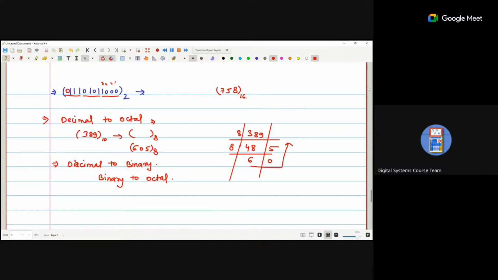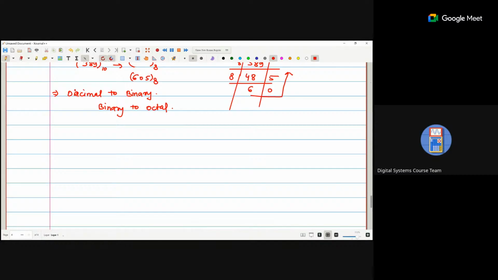So decimal to binary: 389 divided by 2, 1 is remaining, 194 divided by 2, 97, 0 remaining, 48, 1 remaining, 24, 0, 12, 0, 6, 0, 3, 0, then 1 and 1.